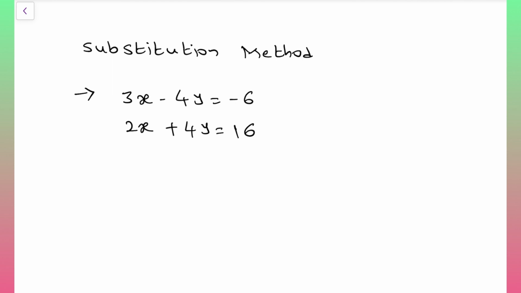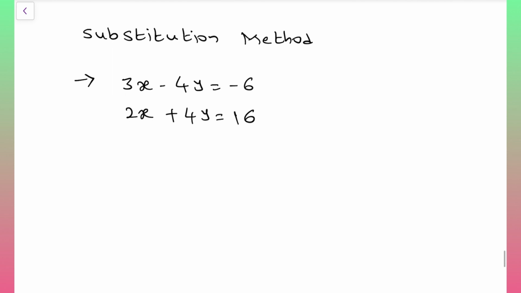So now let us discuss this substitution method. I took the same first question because let us also compare whether we get the same answer or not. Of course we'll get the same answer, but just for clarity. Either the first equation or the second equation, any one you take, it's up to you. I'm taking the first equation, that is 3x minus 4y is equal to minus 6.